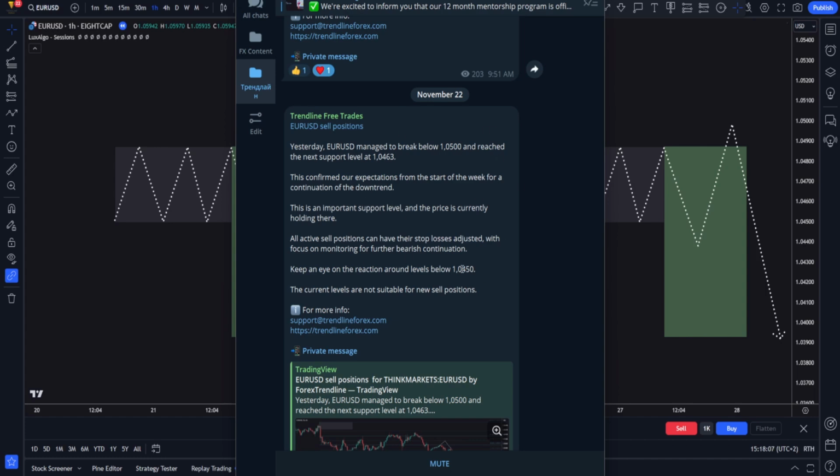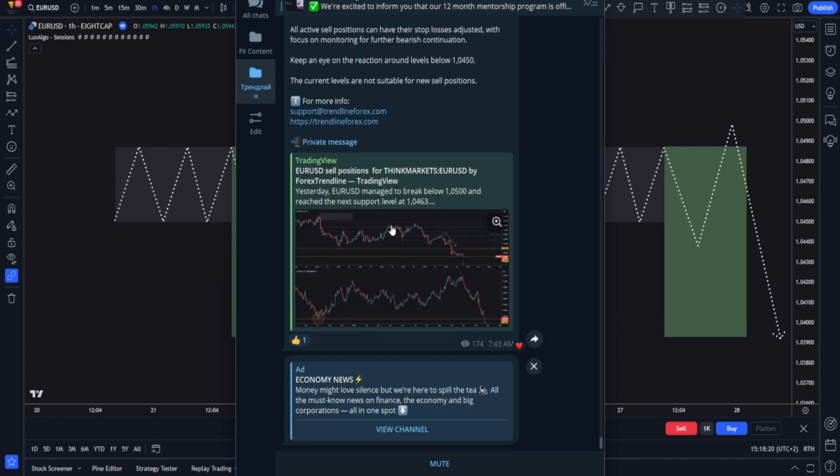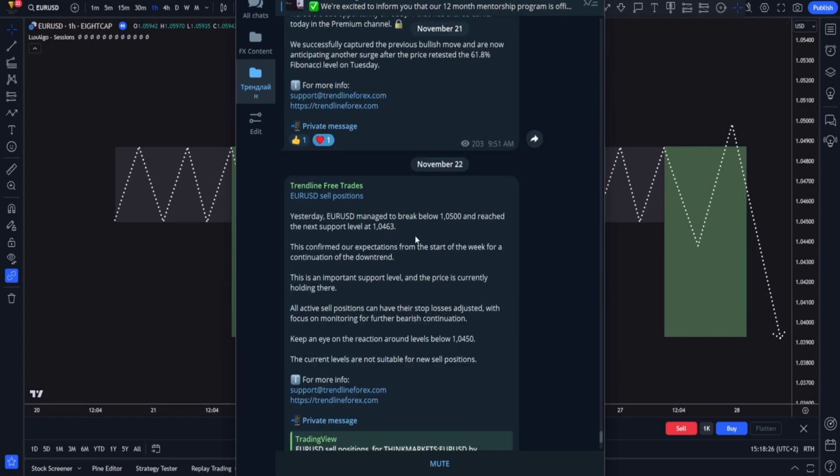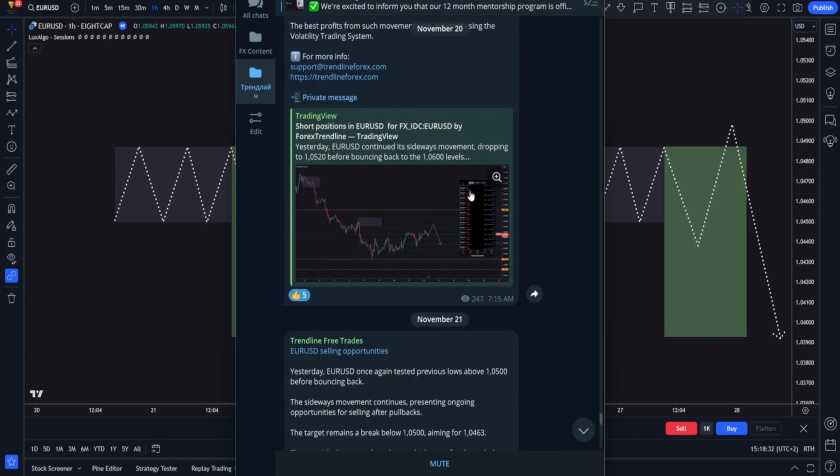So now you know that even GBP USD or AUD USD should be moving to the downside as well, because they have positive correlation with the euro dollar, because all of those pairs are traded against the US dollar. Right? It really depends if we have some economic news and stuff like that, but this is how it usually works.